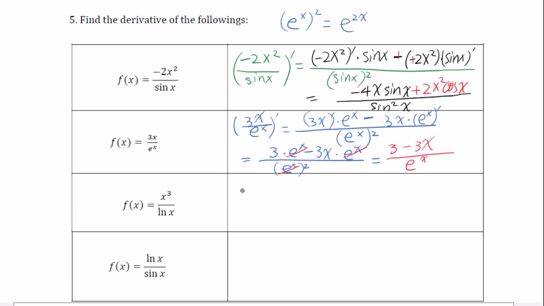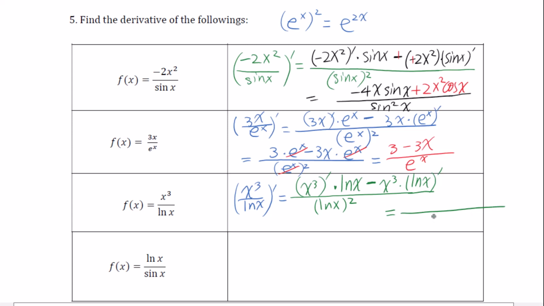Next question. x third power over natural log of x, prime, equals natural log of x squared in the denominator. Then the derivative of x to the third power times natural log of x minus, switch the derivative, x third power times the natural log of x prime.